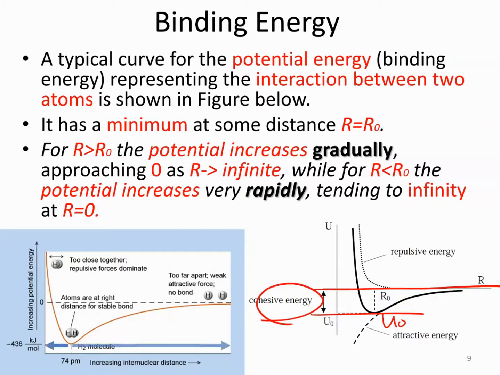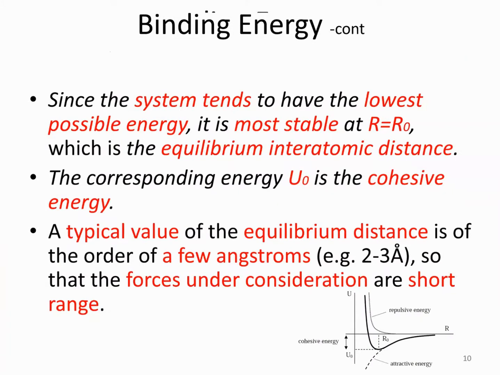So this is the continued introduction to the binding energy. The system tends to have the lowest possible energy, because the system always prefers to be in the stable state. As I explained just now, a stable state means it has the minimum, smallest energy. When the system has high energy, it is more active and unstable.